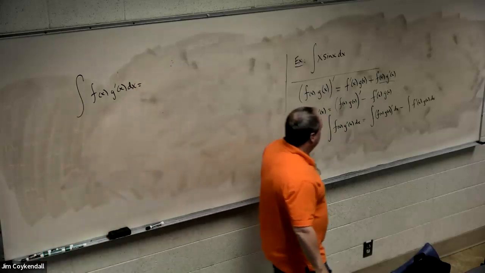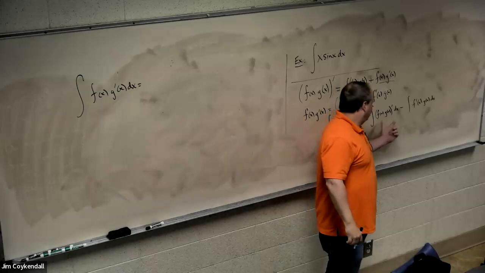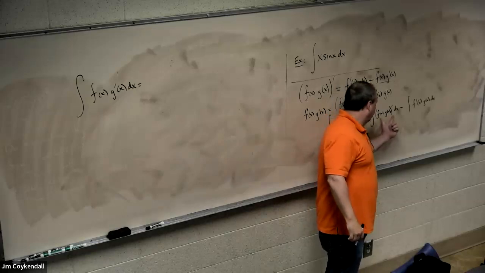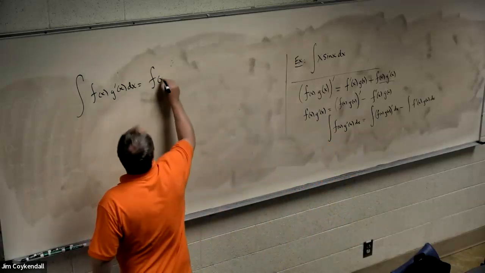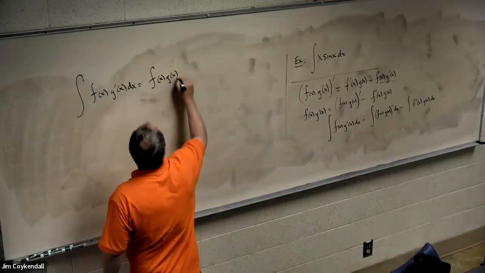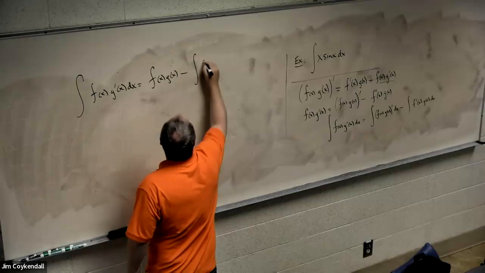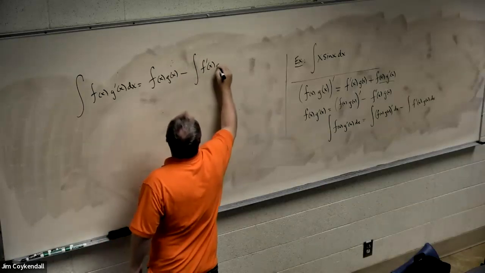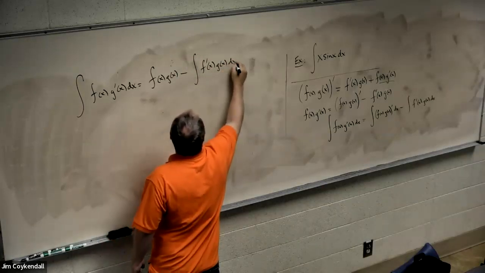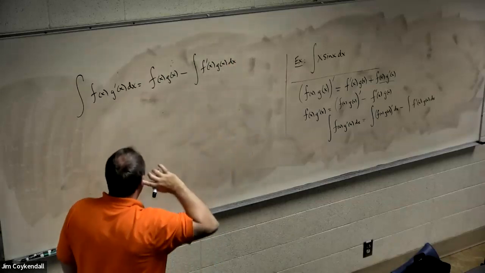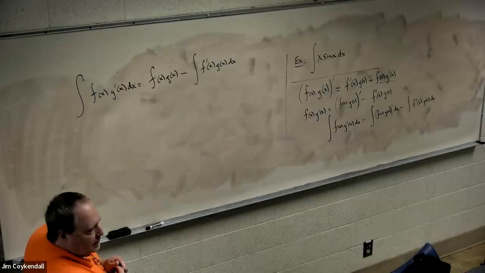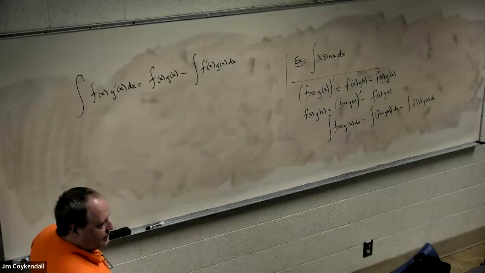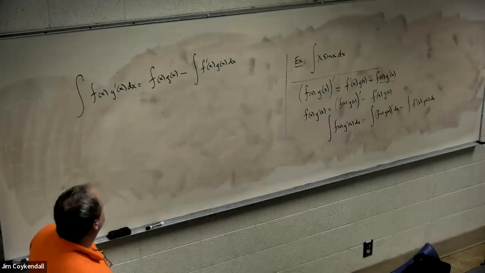By the way, this is the antiderivative of this derivative. So this is just adding back to g of x. But this looks like nothing, right?